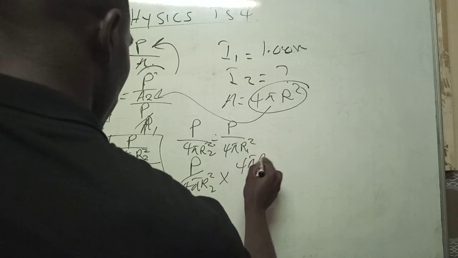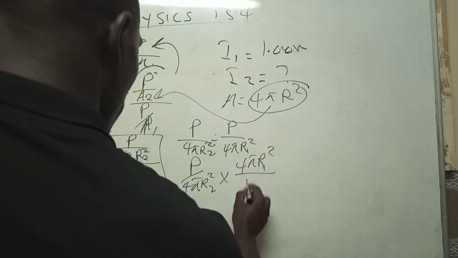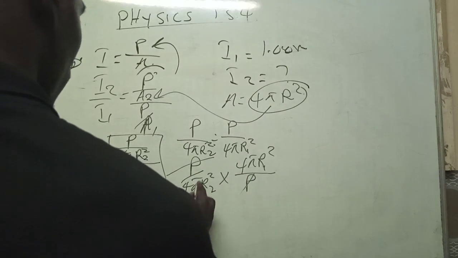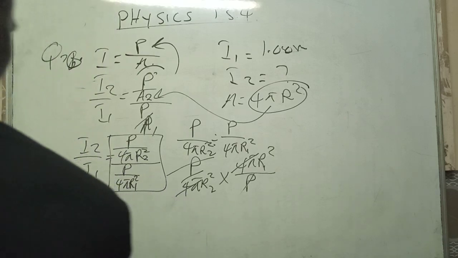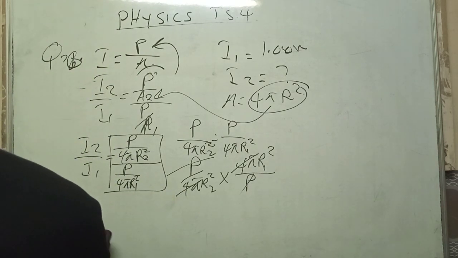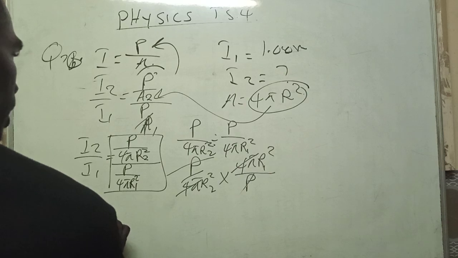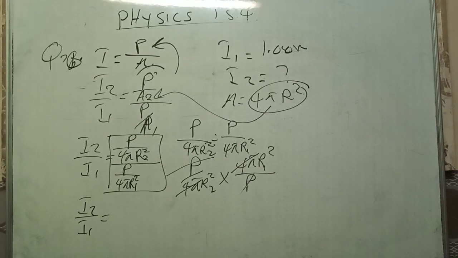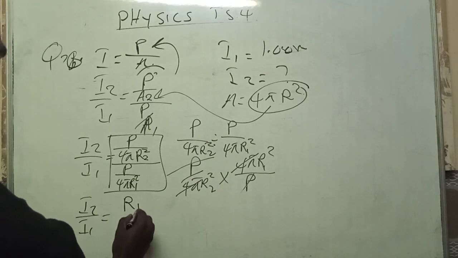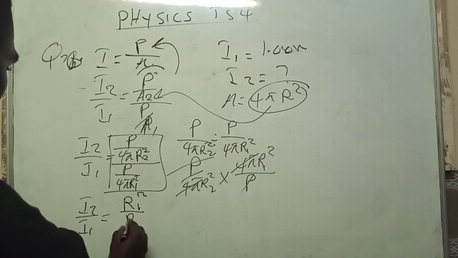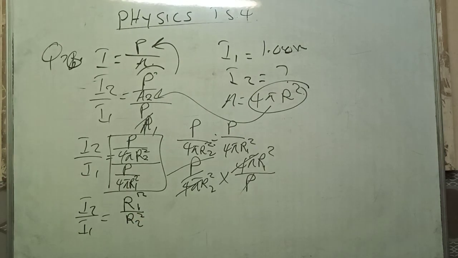The power and the 4 pi will cancel, and I'll have my intensity 2 over intensity 1 as equal to R1 squared over R2 squared.